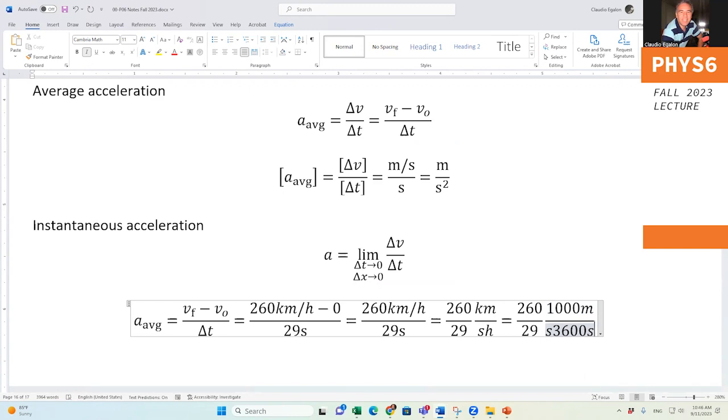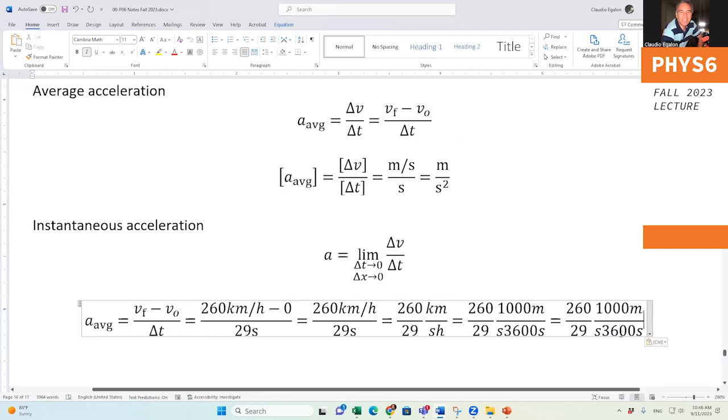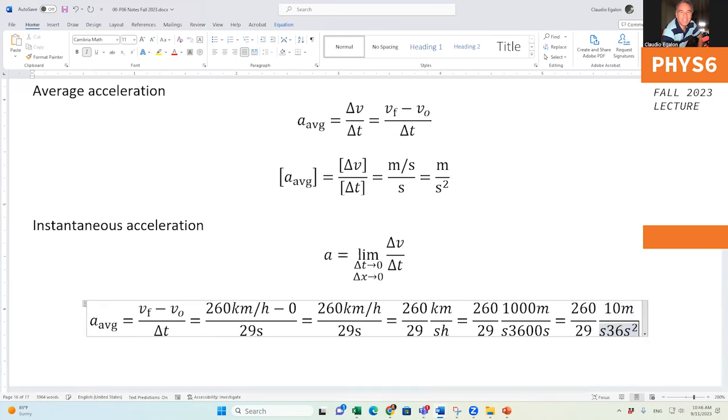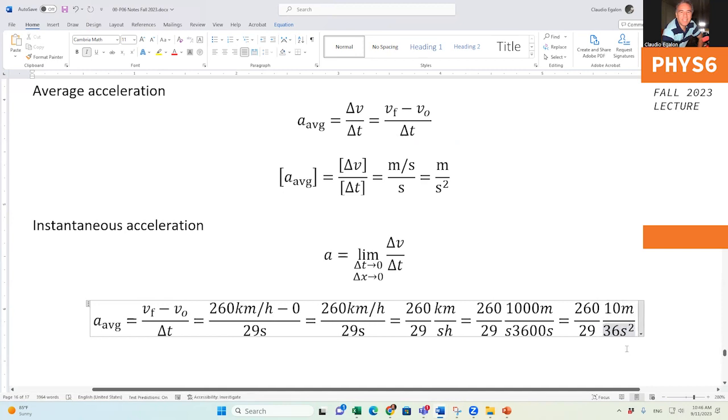Do you know how we get that? 1 hour has 60 minutes, right? 1 minute has 60 seconds. 60 times 60 is 3,600. Okay, and then you go. Those 2 zeros cancel out, right? One more here, and this second combined with the other second, and we are left with this calculation.